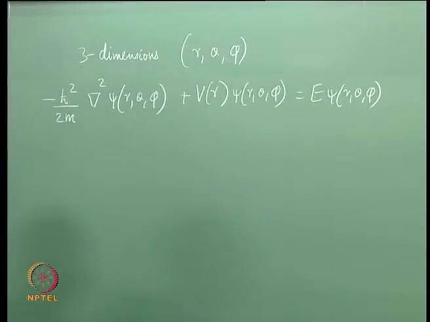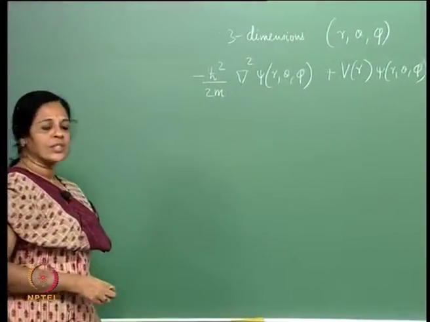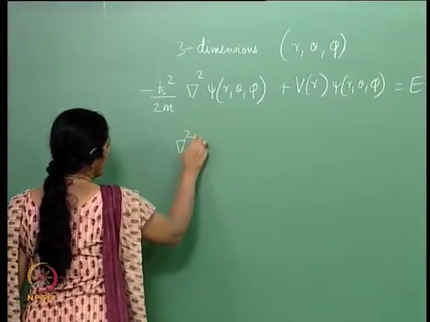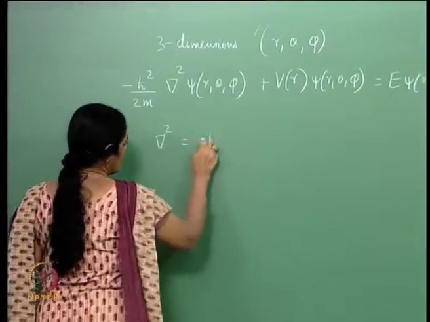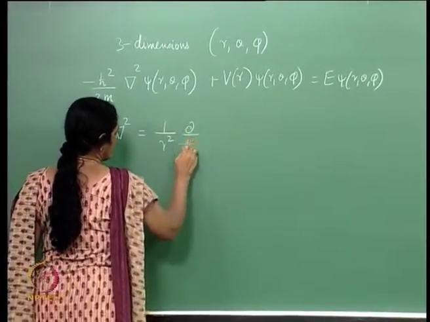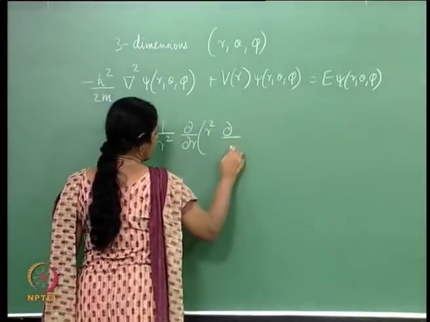I will recapitulate the salient features of what we did pertaining to this equation in the last lecture and then move on to new things. I will also elaborate on the separation of variables done in this context. So, essentially we wrote del squared in terms of L squared. There is a radial component which is 1 by r squared delta by delta r of r squared delta by delta r.